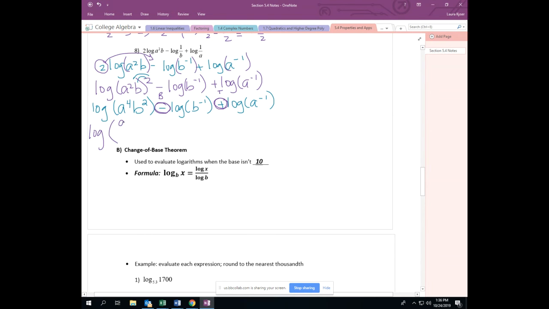A to the 4th b squared is on the top. Also, this plus sign here means that a to the negative 1 is on top. B to the negative 1 goes on the bottom.